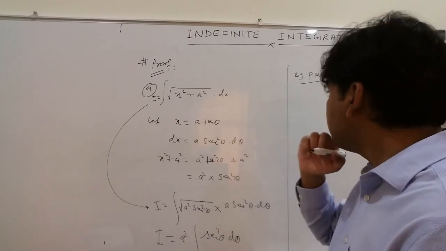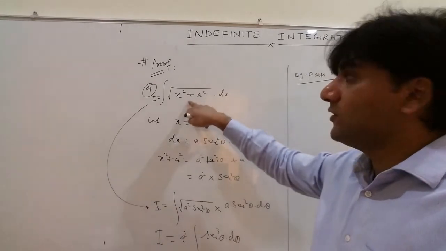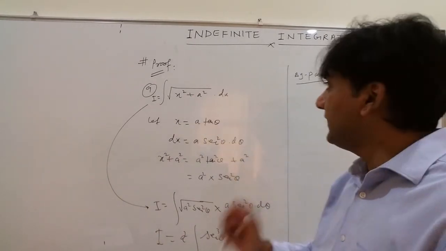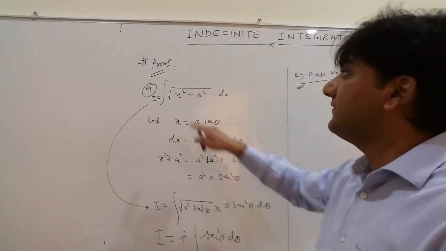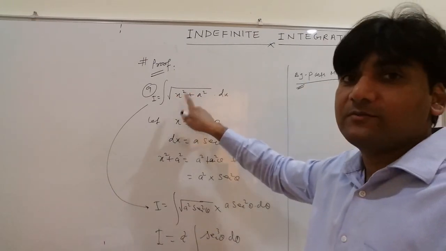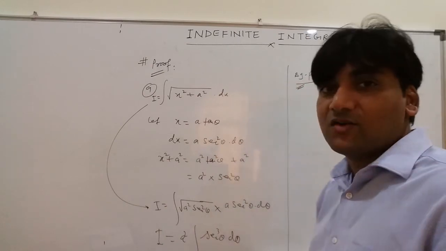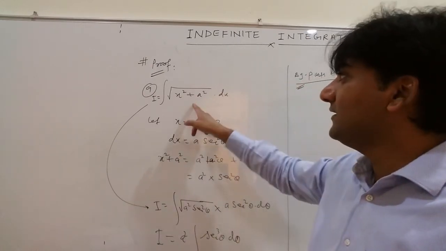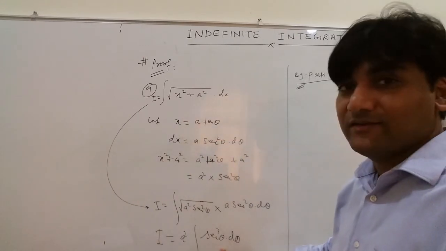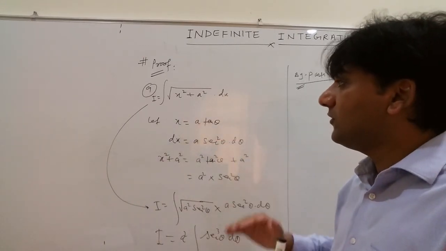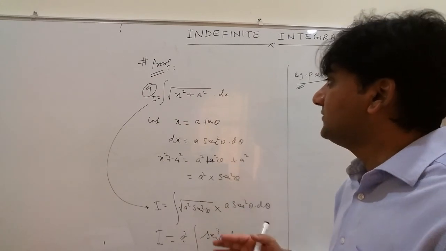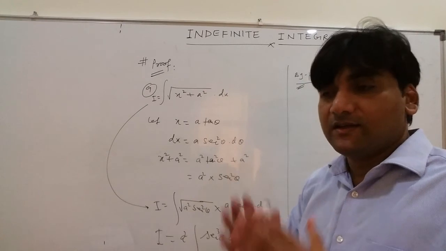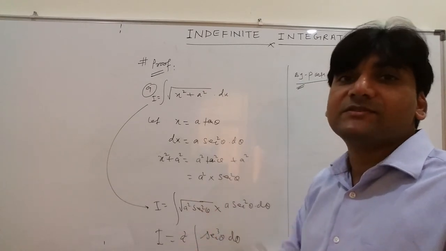By the way, the by parts method can be applied directly over here, and this question can be solved an easy way also. So when we learn the by parts method, I will explain this problem again using that concept. More or less we have to use the by parts method. But I used this approach because I had explained standard trigonometric substitution.